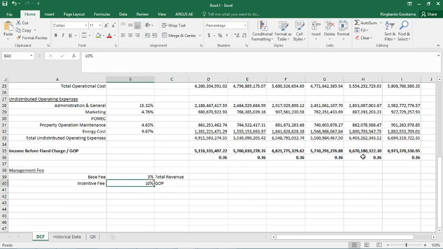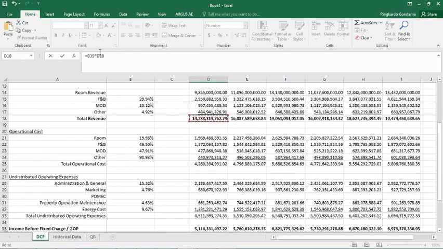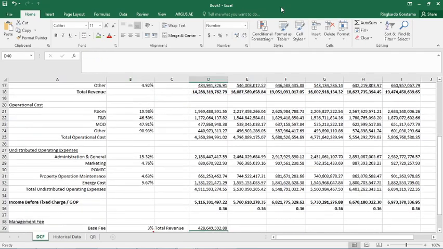So let's see, this is only 30 to 40, so we say the GOP, the incentive fee only 5%. So we calculate this one from the total revenue. We just lock this cell.